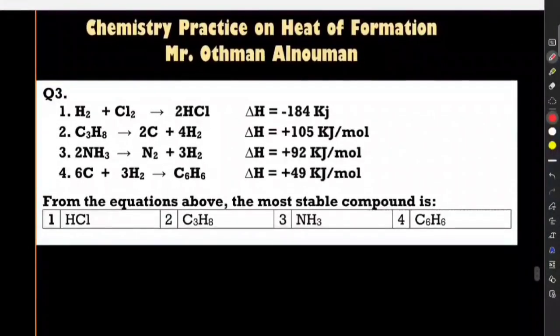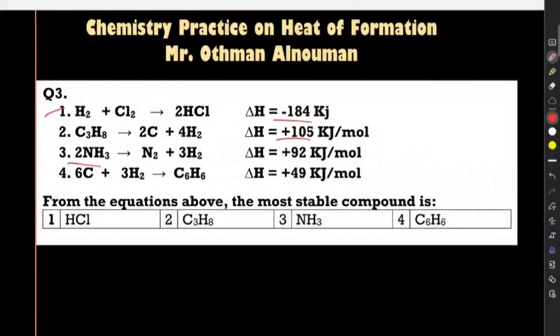Let's see here. Here we have another idea. It says from the following equations, we have 4 equations. We have the first one, hydrogen plus chlorine gas will give us 2 HCl and negative 184. And here we have propane breaks down to give us carbon plus 4 hydrogen and positive 105.